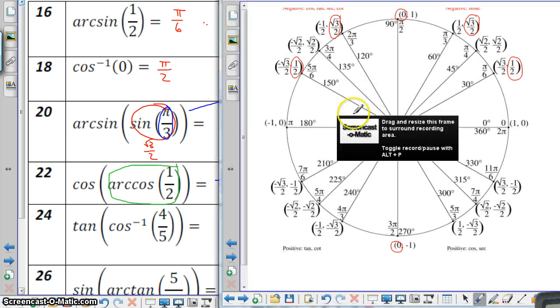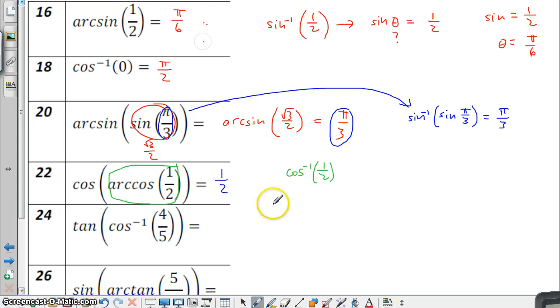Looking at the unit circle, cosine is 1/2 here and here, but I'm going to pick the easier angle, basically pi/3. So this is going to equal pi/3.